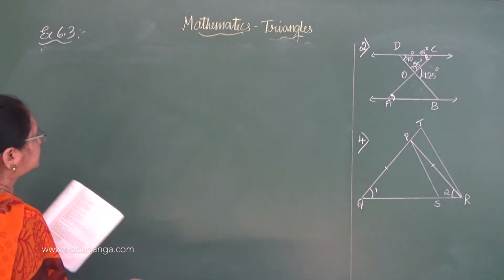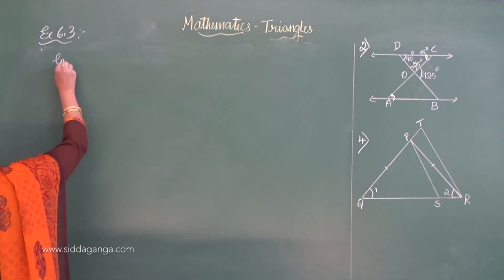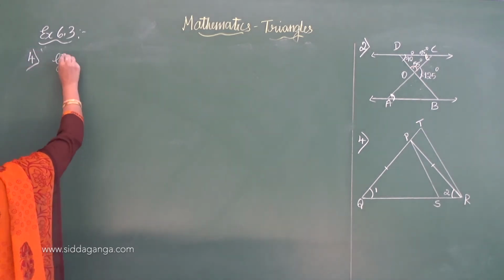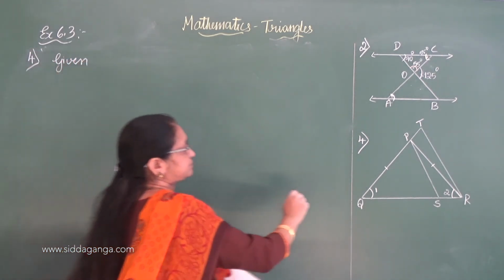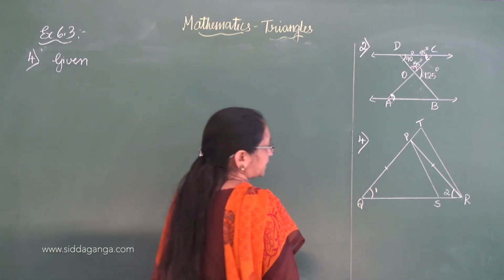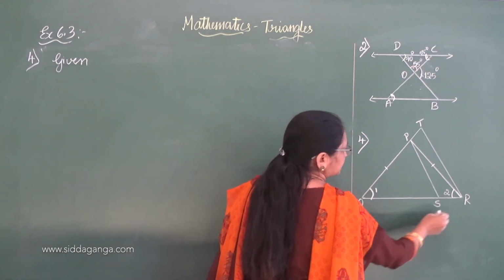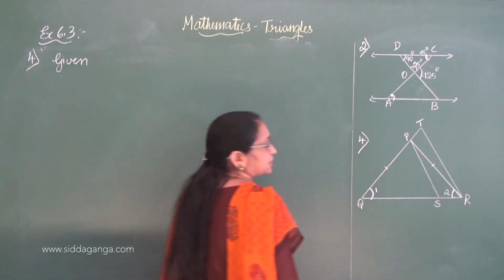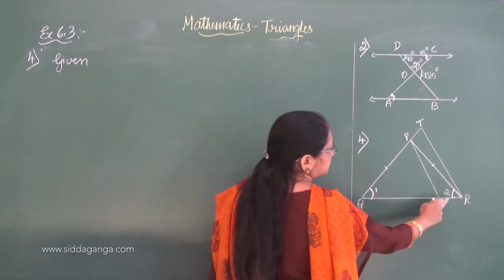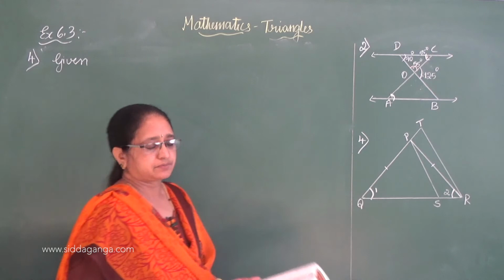Okay, let me write the given. So the fourth one, the diagram is here. Just check, angle 1 is equal to angle 2. They have given that.